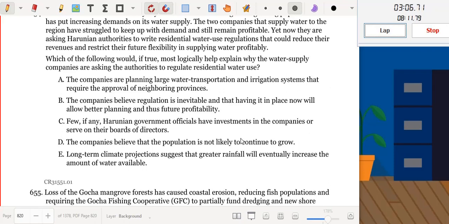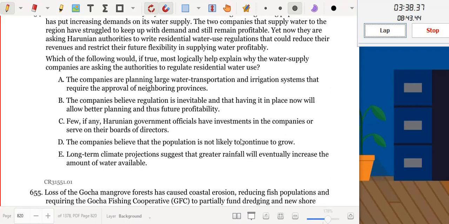Few have invested. Companies believe that population is not likely to grow. No. Because the greater rainfall will eventually increase the... So if E is totally wrong, if the water is increasing, why will they regulate?